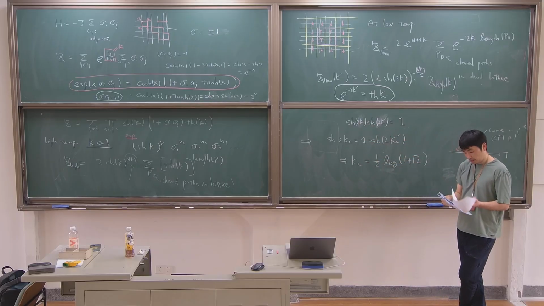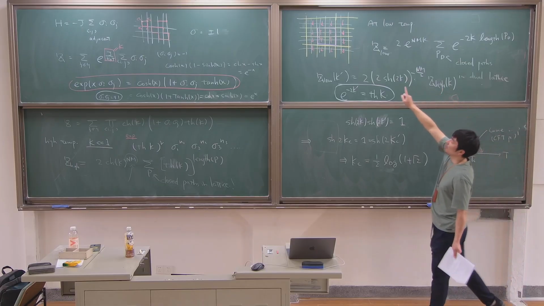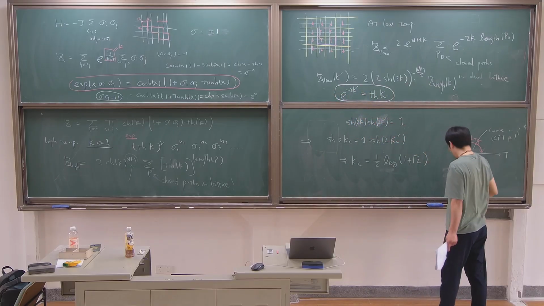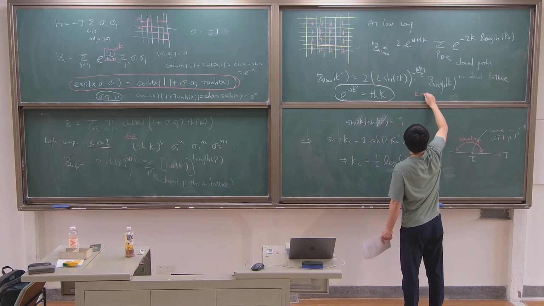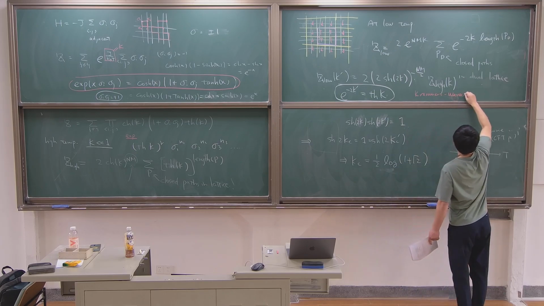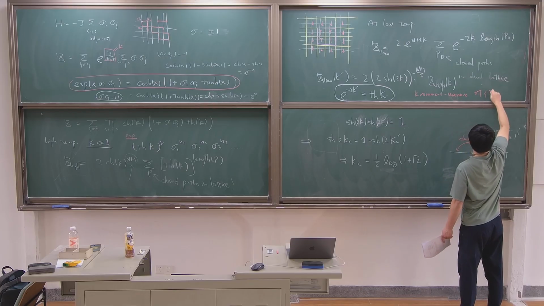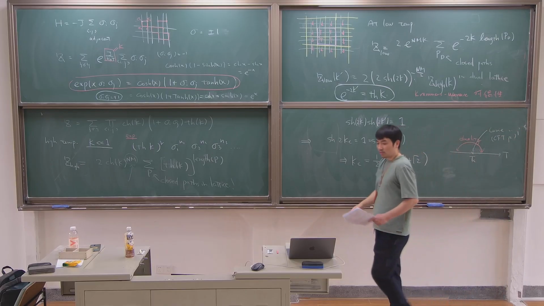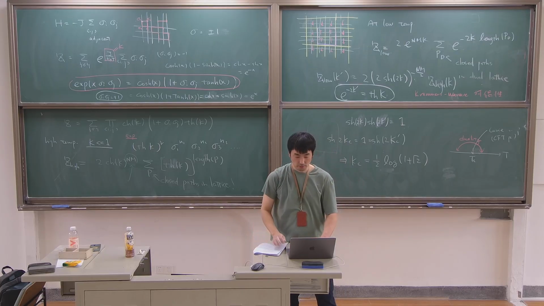This relation between the low and high temperature partition functions is called Kramers-Wannier duality. Let's continue to learn this a bit more in the next lecture. Let's stop here.